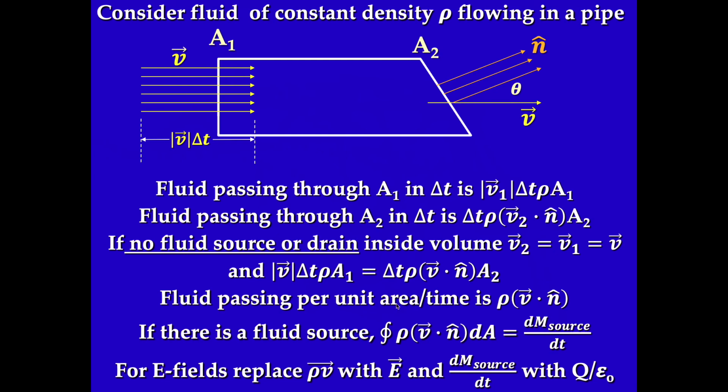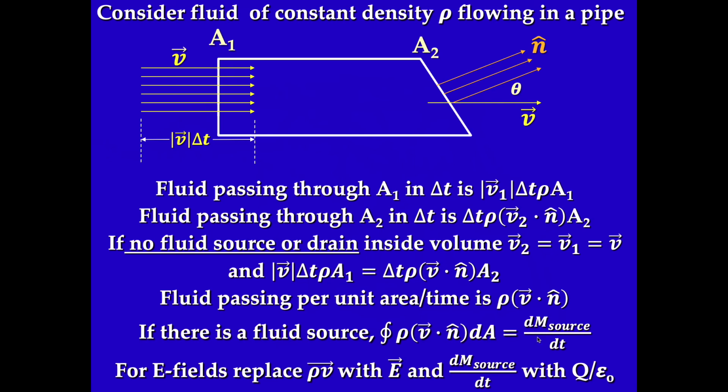Now the fluid passing per unit area per unit time is rho V dot n. If there was a source or a drain, actually my equation is okay. If there was a source or a drain, then we would have to take into account the change in the fluid passing per unit area per unit time.